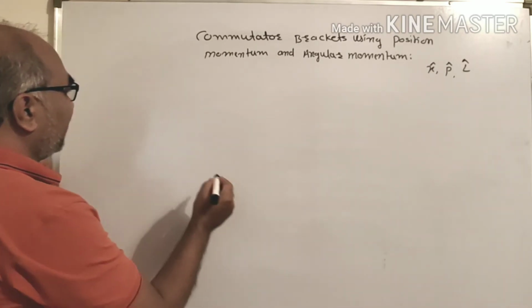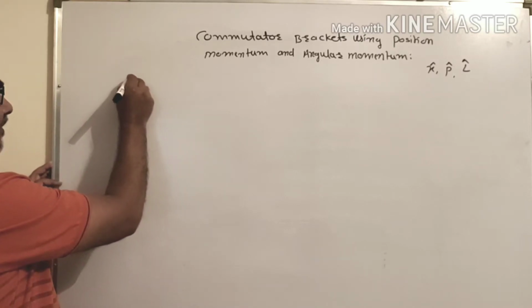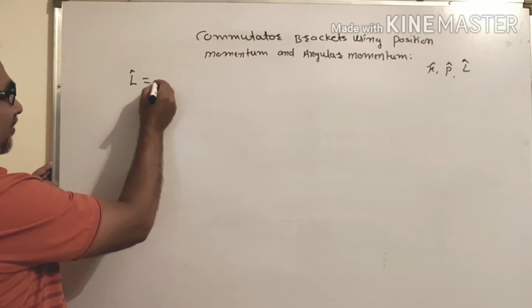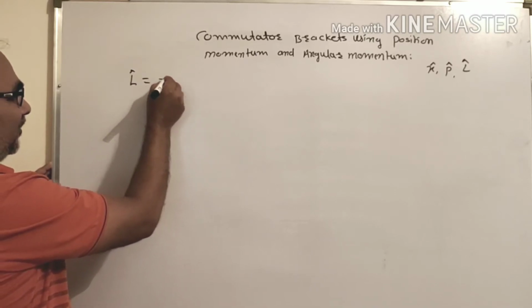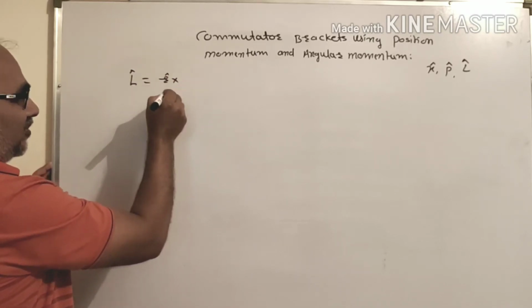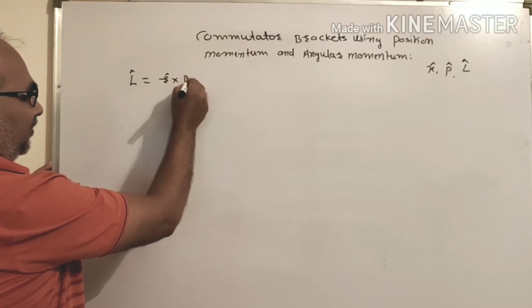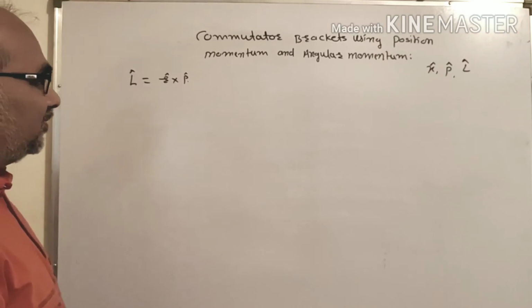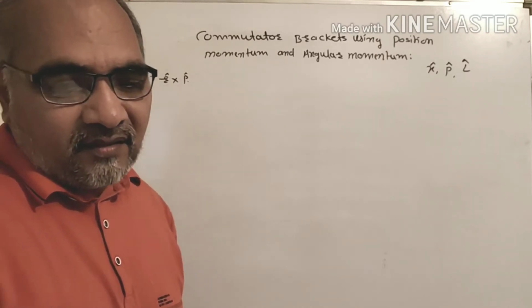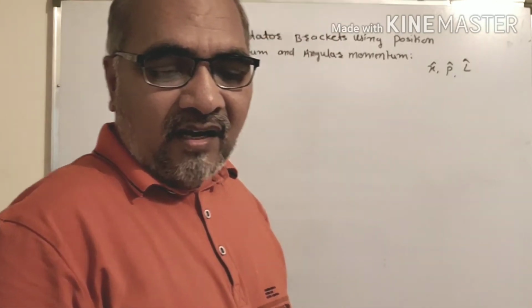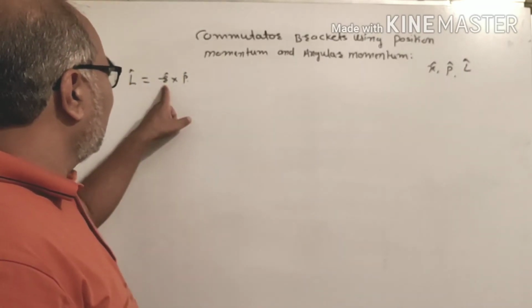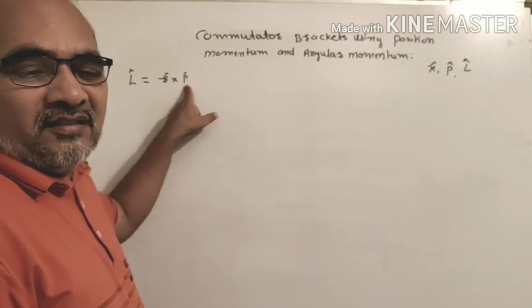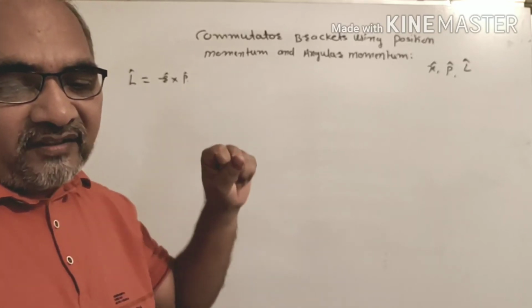This angular momentum is defined as the vector L equal to R cross P, where R is the position vector and P is its momentum vector.